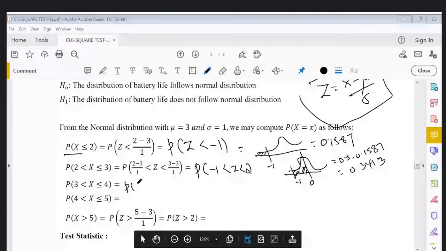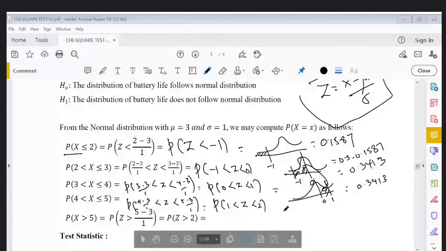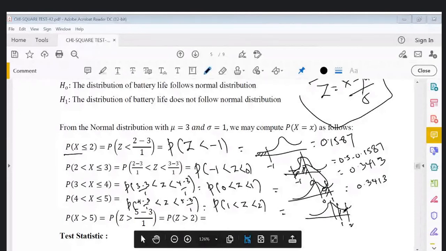Okey, berapa dapat nilai dia? Okay, 1, 3, okay. 0.1359.